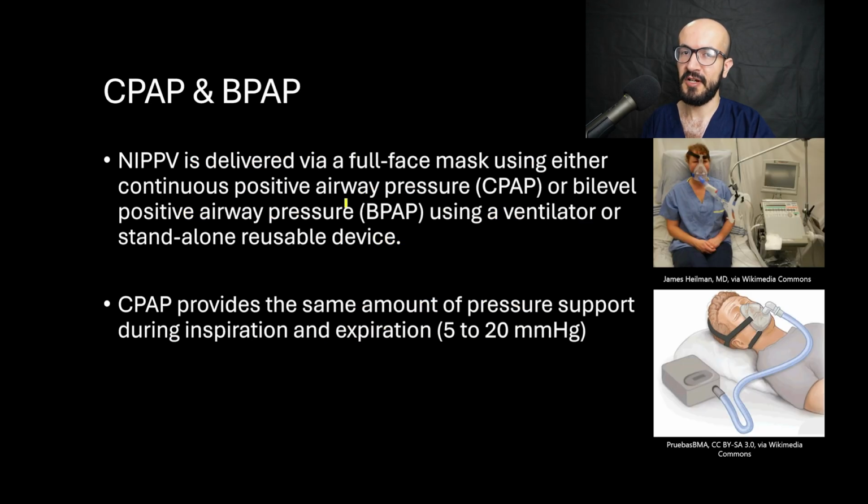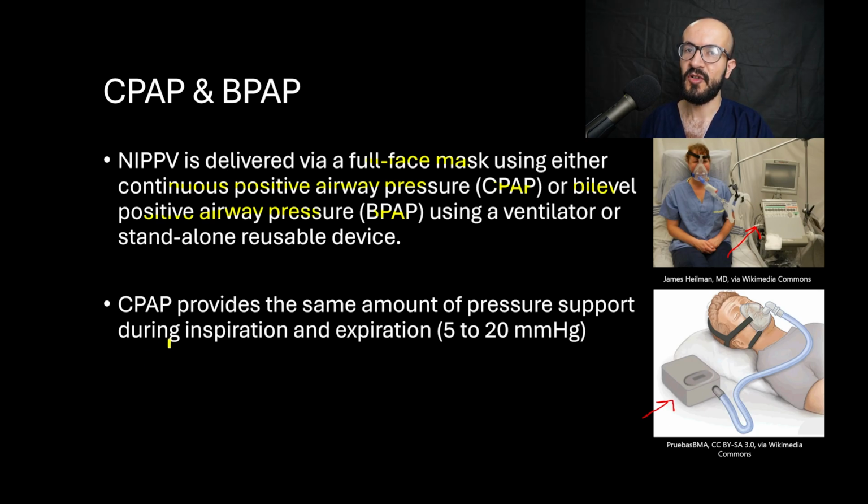Now positive pressure ventilation is delivered via a full face mask using either continuous positive airway pressure, which is CPAP, or bi-level positive airway pressure, which is BiPAP, using a ventilator or a standalone reusable device. This picture shows the ventilator, and this picture shows the reusable device.